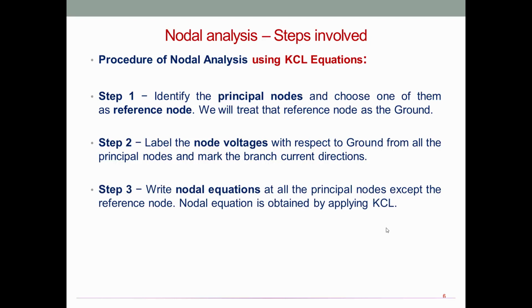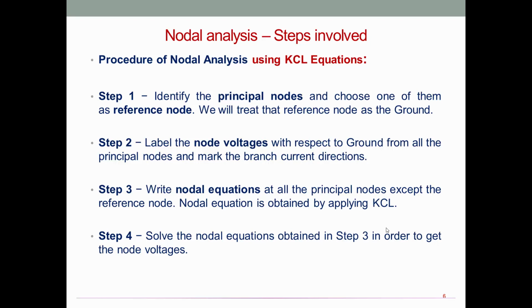Step 3, write the nodal equation at all principal nodes except the reference node. These nodal equations are obtained by applying KCL. Step number 4, solve the nodal equations that we obtained in the previous step and find out node voltages. These node voltages are helpful in finding the response at any point of the network.